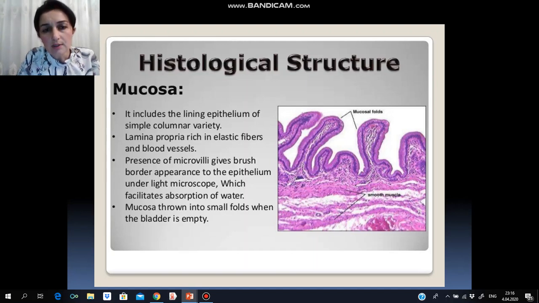About the histological structure of the gallbladder, we can distinguish three layers: mucosa, muscularis externa, and adventitia or serosa. If we look at the internal surface of the gallbladder, we can see folds, which increase the surface area of this organ.